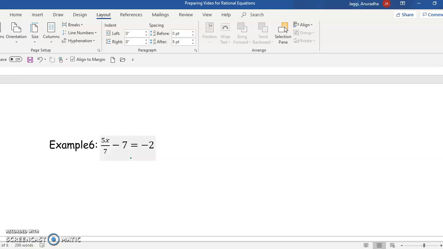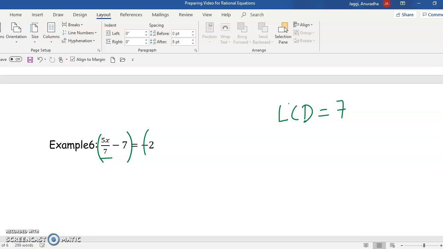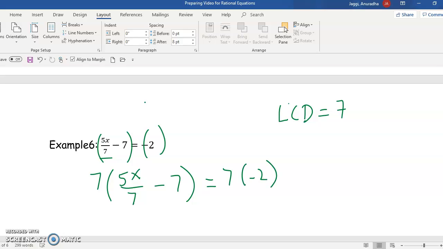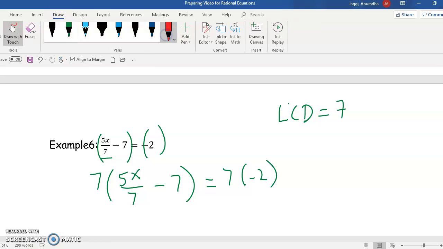Now this is a relatively simpler one, because you don't even have to work towards making a least common denominator. There's only one denominator, and that becomes the least common denominator. Next step, put parentheses around both left hand side and right hand side. 7 times 5x divided by 7 minus 7 is equal to 7 times negative 2. Now you're going to distribute your 7 over the first term and the second term.